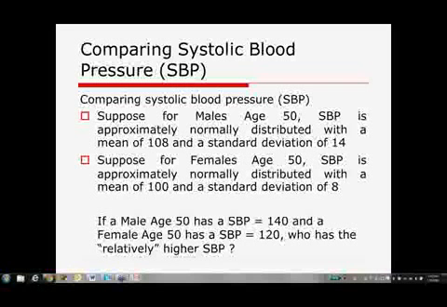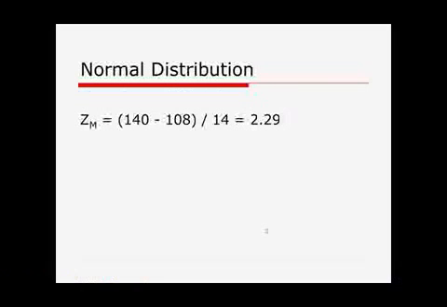Okay, well, the issue here is that you're comparing apples and oranges. So what you need to do is compare things on the same scale. What does that 140 look like in terms of a Z-score? If we take the 140 and subtract the mean for men and divide by the standard deviation, we get 2.29. What it means is that value of 140 among men is 2.29 standard deviations above the mean.